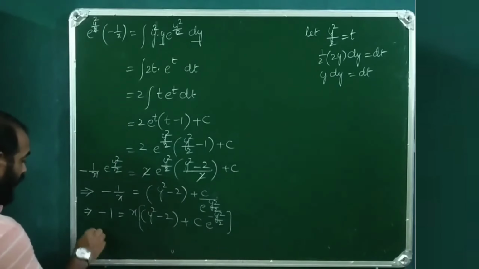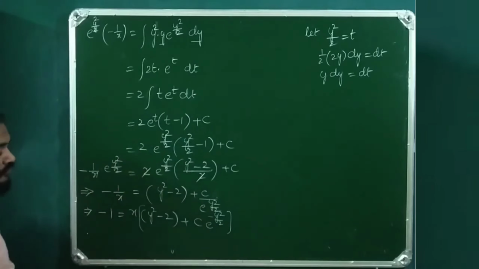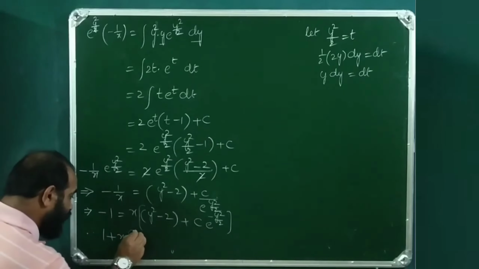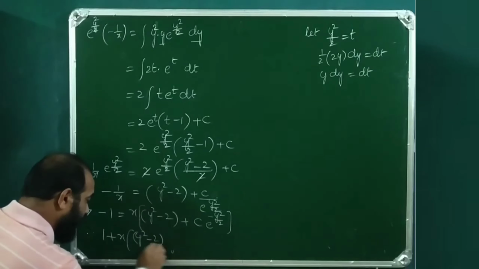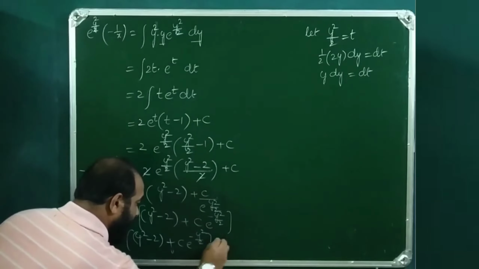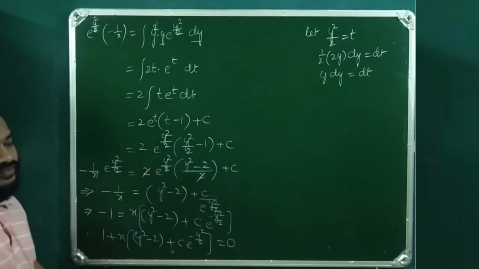So therefore this minus 1 if you transpose to the other side, this is 1 plus x into y square minus 2 plus c into e power minus y square by 2 is equal to 0, which is the required solution.